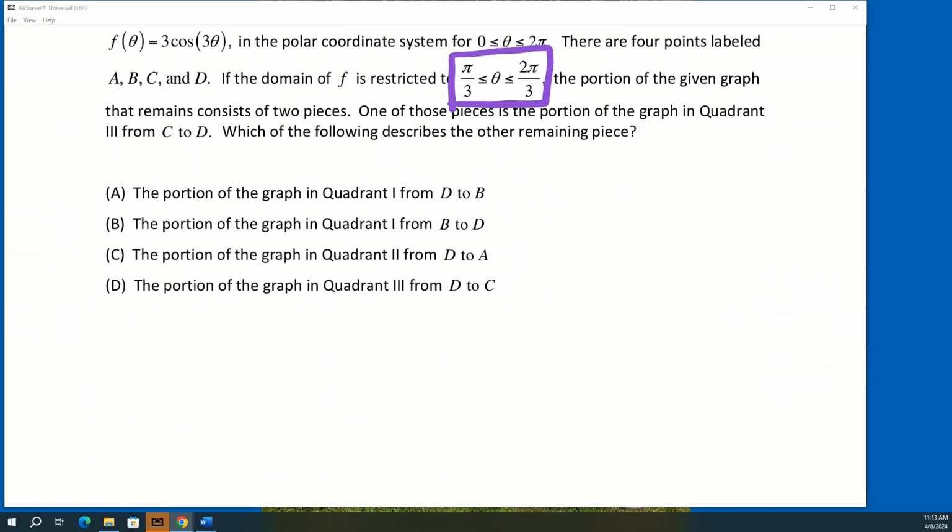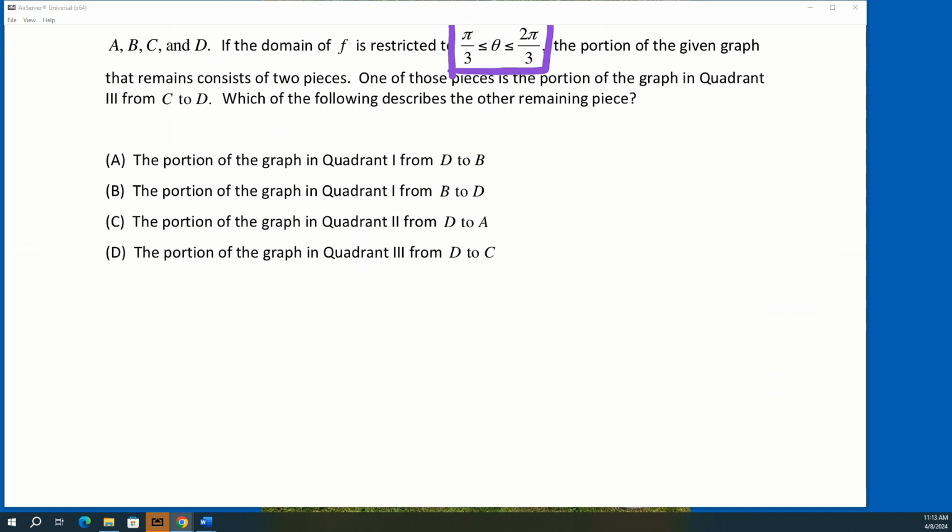So here we go. I would do a table again. And I would put the restricted angles or the restricted domain in my table just like I did on the last one. And then I would plug in.